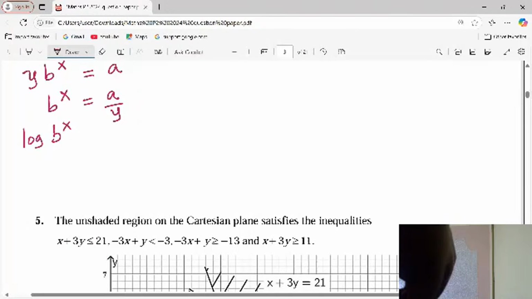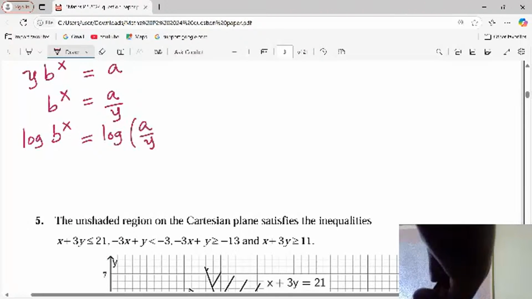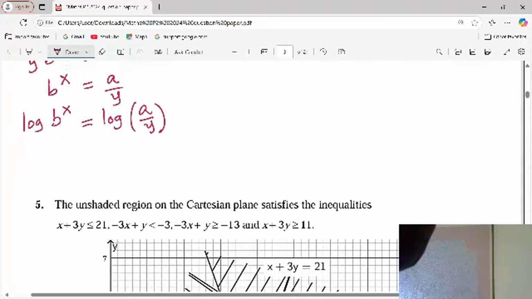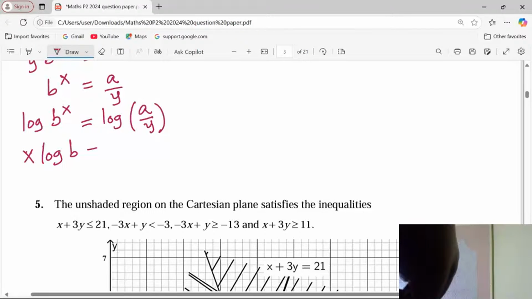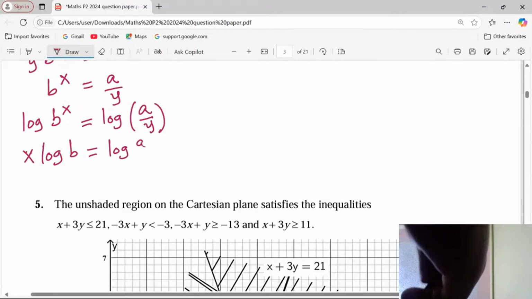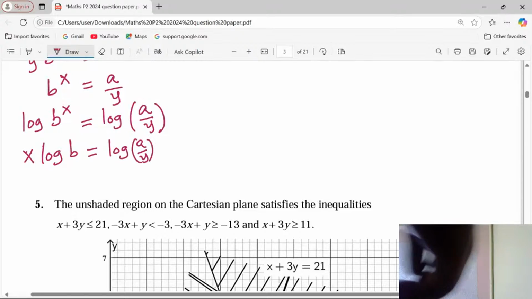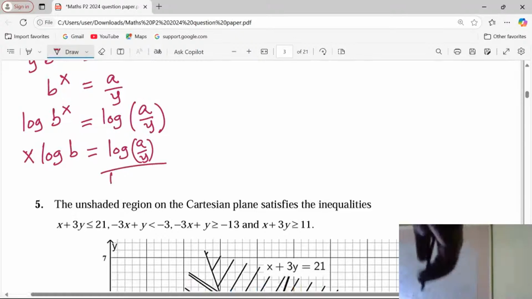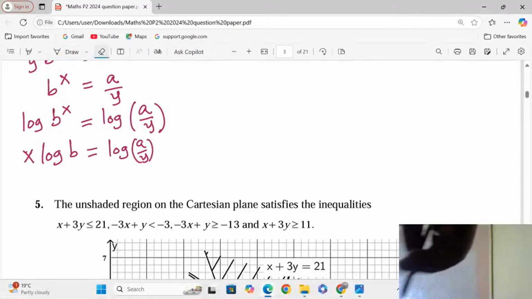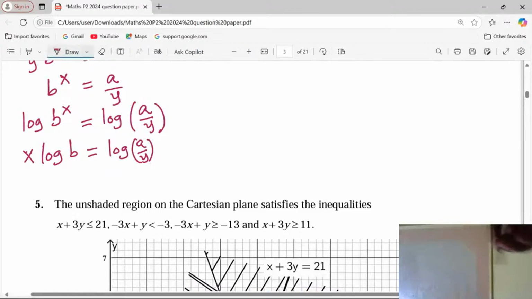So x log b equals the log of a over y. Then, applying the laws of logarithms, we can drop our x there.